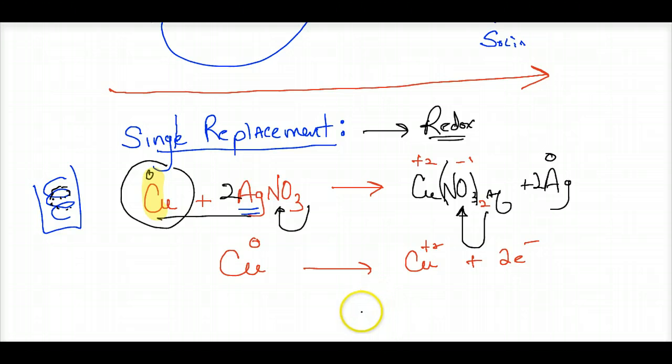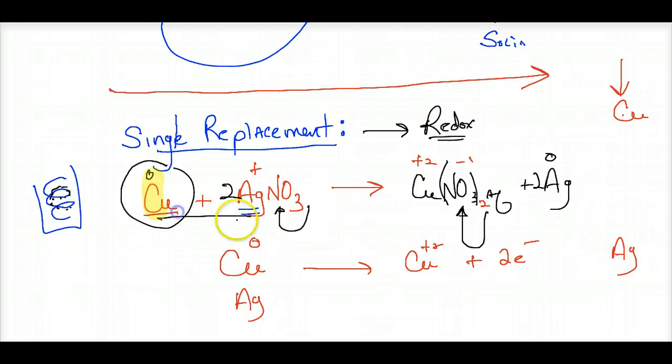So copper is undergoing oxidation. Charges are changing. And copper is above the silver plus ion here. So on table J, if copper for the metals is above silver, and it is, copper is going to oxidize, while the silver ion is going to reduce, and that's what we're saying here. So this is spontaneous.